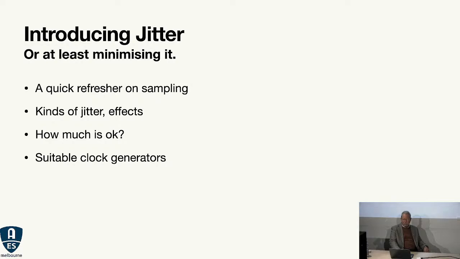A few suitable clock generators that you might use. These include the sort of PLLs that you would use for clock recovery as well. Some ways to measure jitter. And we'll talk about a real design that I have in the works that I've done some measurements on, and talk about the limitations of making measurements.